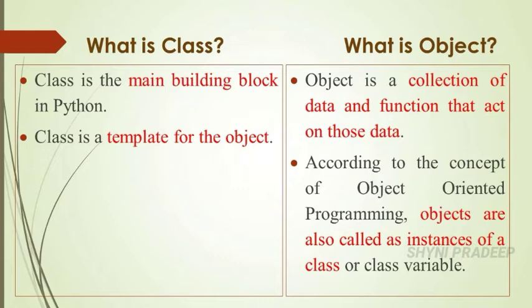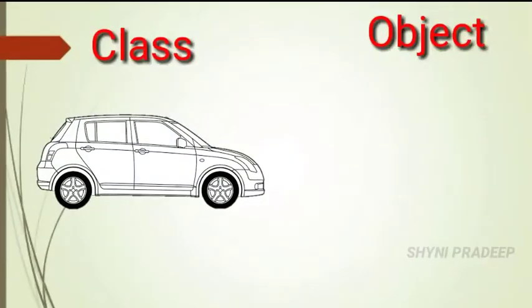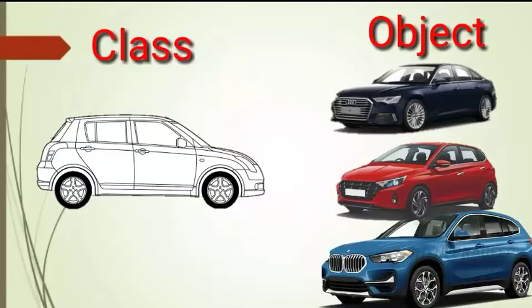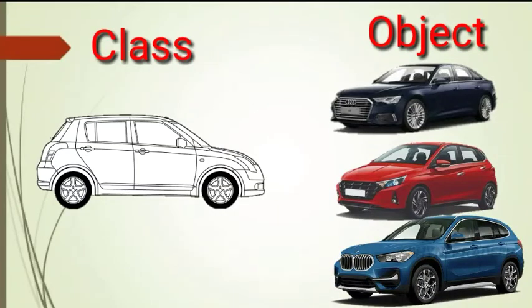Now let us see one real world example, then you will clearly understand this concept. See, this is a car, which is the blueprint. This is a structure where we can define data members and methods to be utilized by objects. This car consists of different companies such as Audi, i20, BMW. So these are the different cars.